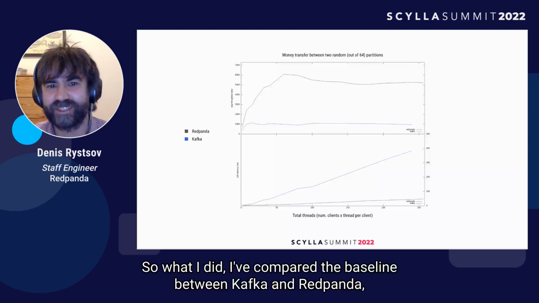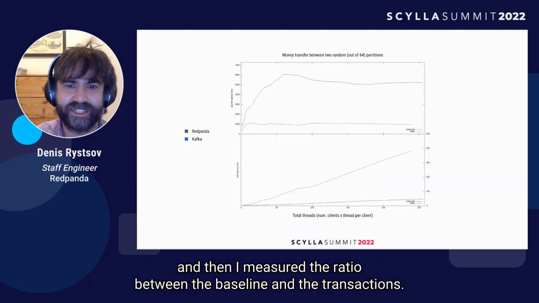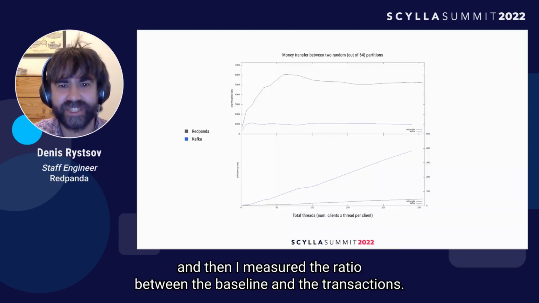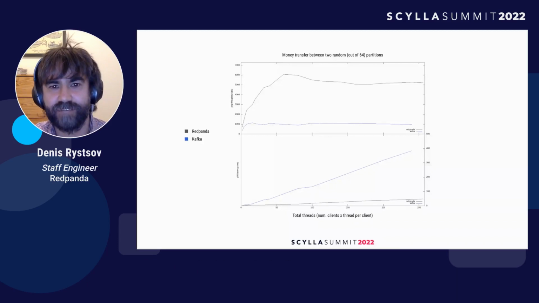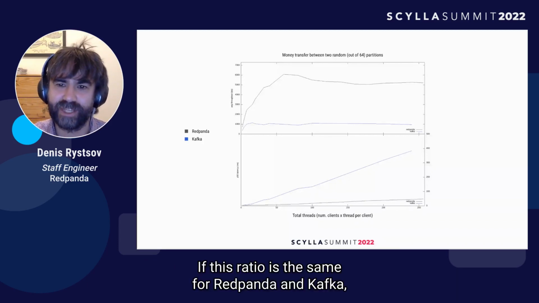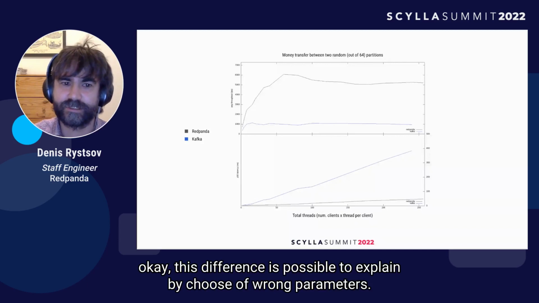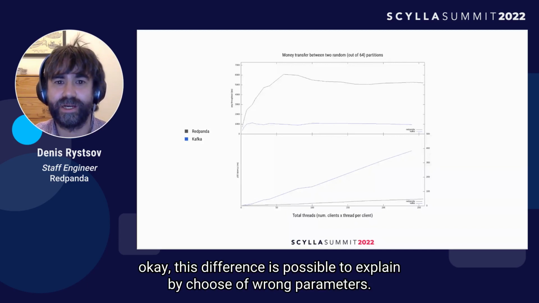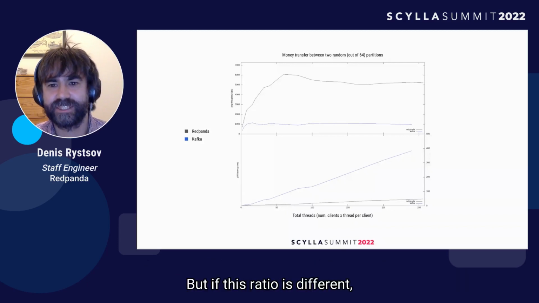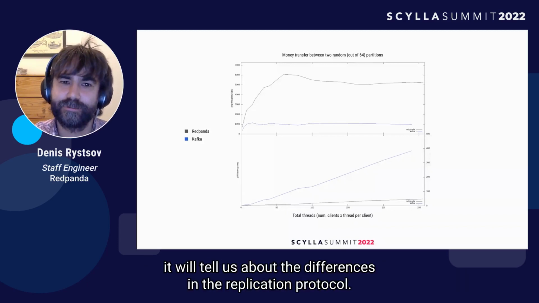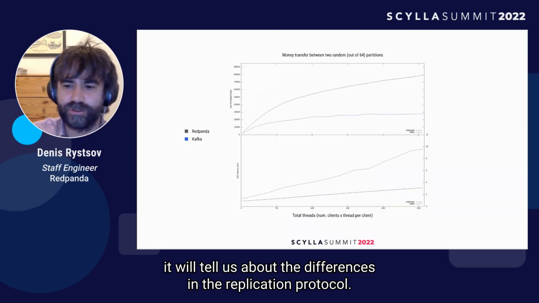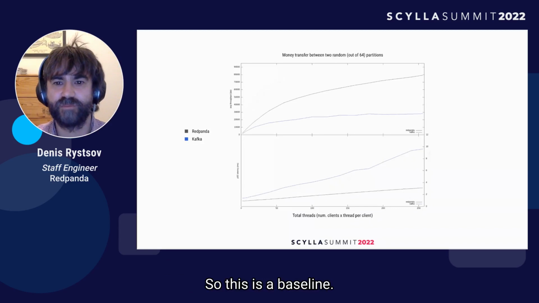So I compared the baseline between Kafka and Redpanda, and then I measured the ratio between the baseline and the transactions. If this ratio is the same for Redpanda and Kafka, okay, this difference is possible to explain by the choice of wrong parameters. But if this ratio is different, it will tell us about differences in the replication protocol. So this is a baseline.